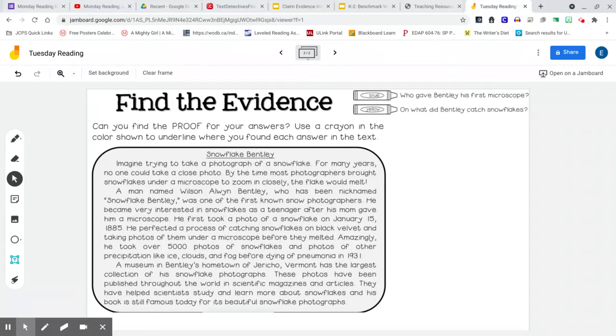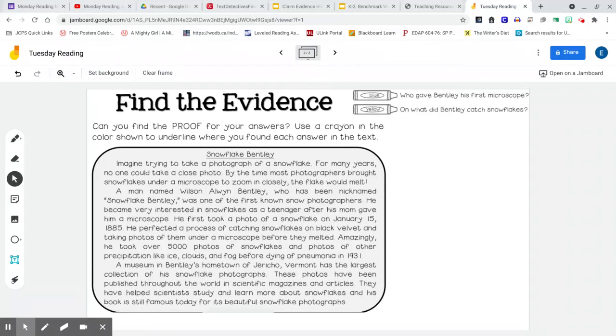A museum in Bentley's hometown of Jericho, Vermont, has the largest collection of his snowflake photographs. These photos have been published throughout the world in scientific magazines and articles. They have helped scientists study and learn more about snowflakes, and his book is still famous today for its beautiful snowflake photographs.